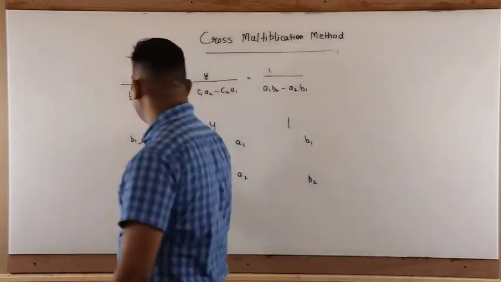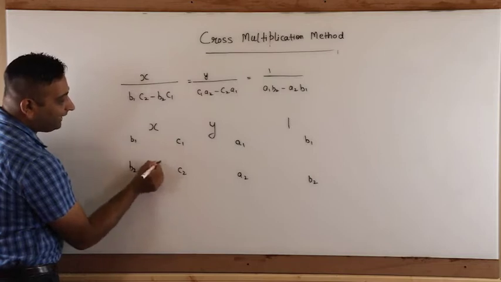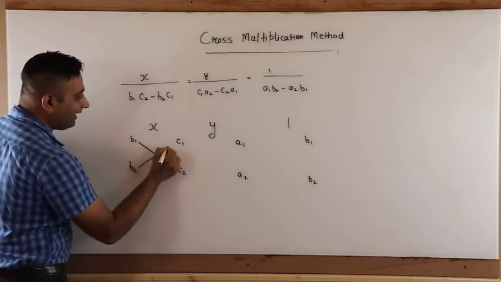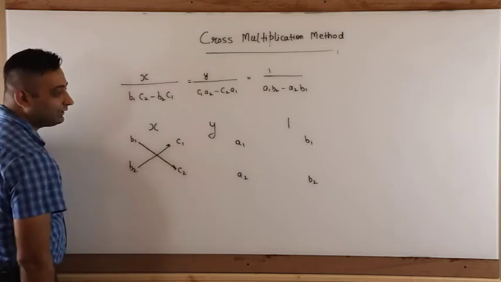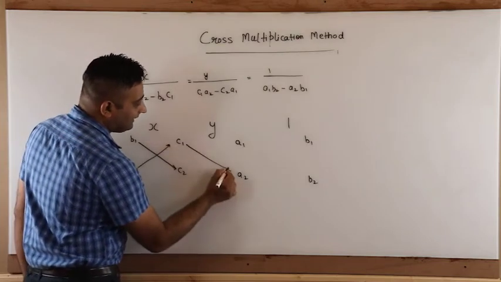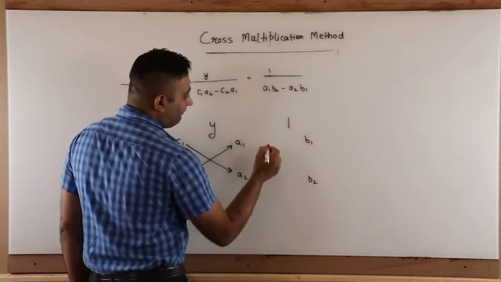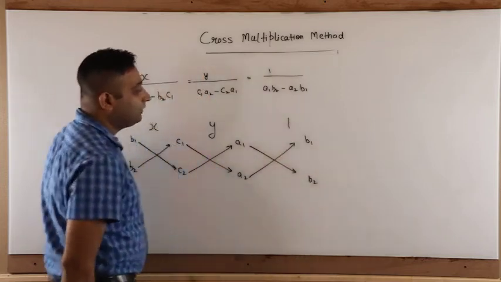You can see that x is divided by a value which can be obtained by cross multiplying and subtracting these values, that is B1 C2 minus B2 C1 in this order, and y divided by C1 A2 minus C2 A1, and 1 divided by A1 B2 minus A2 B1.